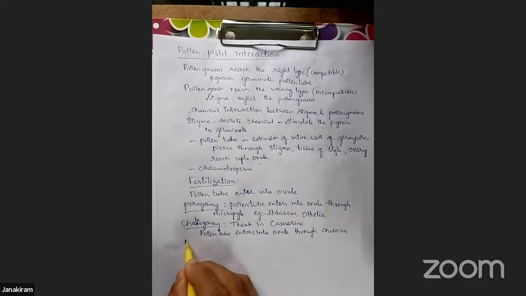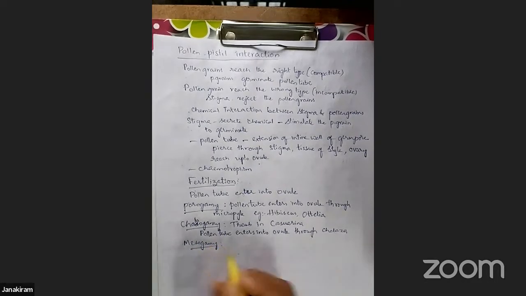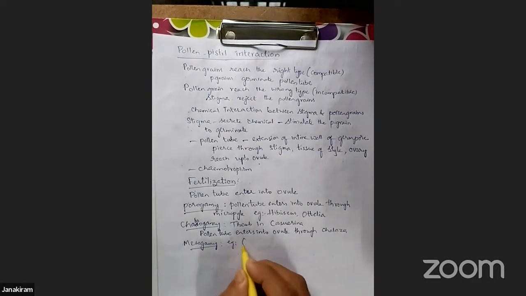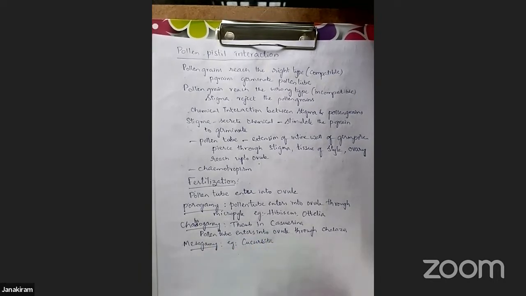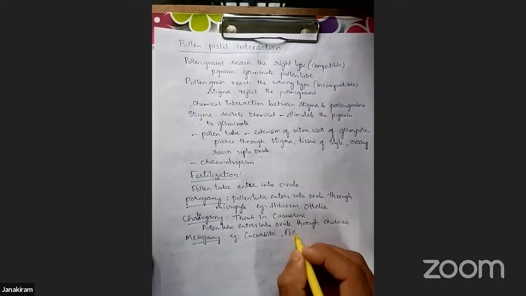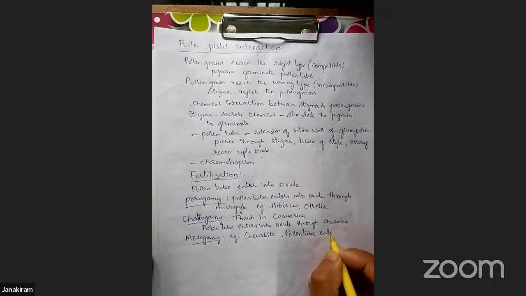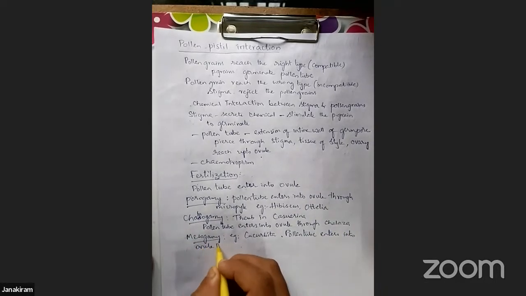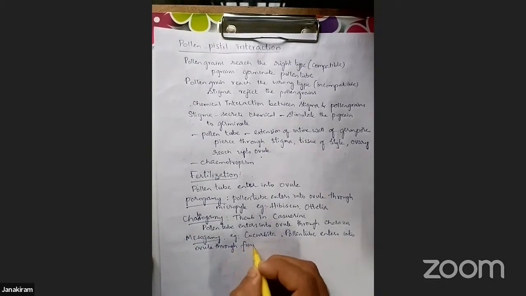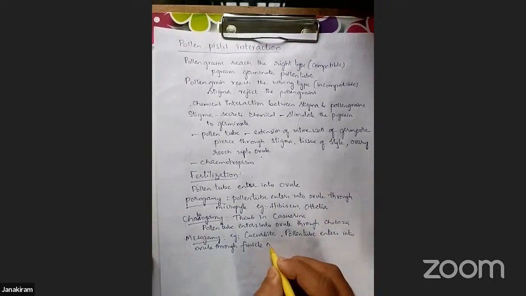And the third one is called mesogamy. This can be seen in examples like Cucurbita, where the pollen tube enters the ovule through either the funicle or integuments.